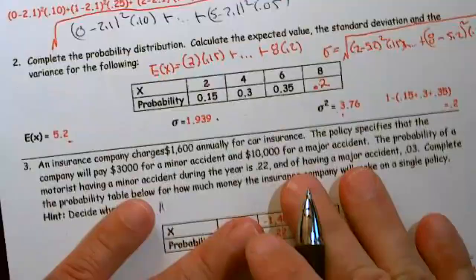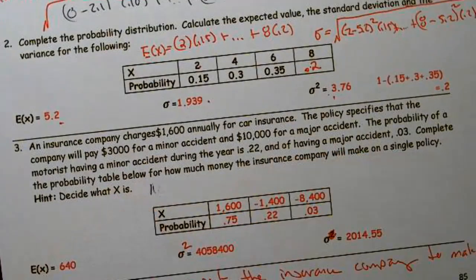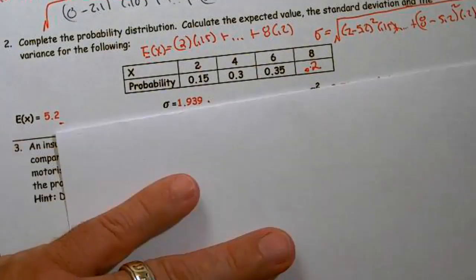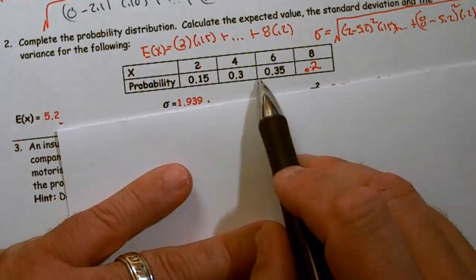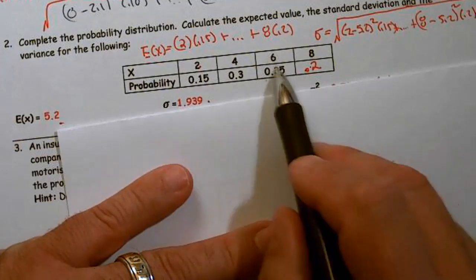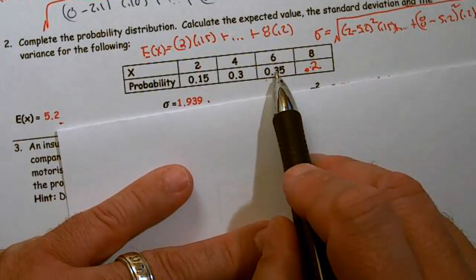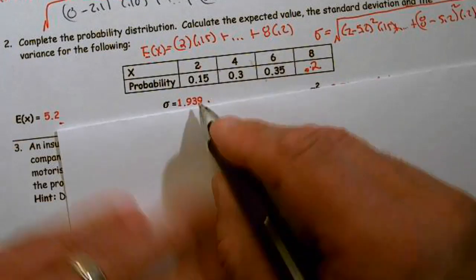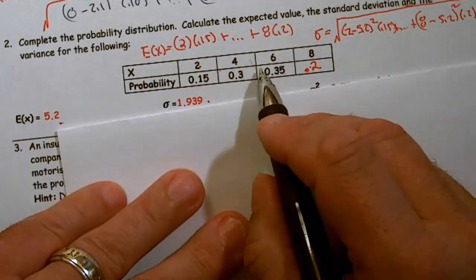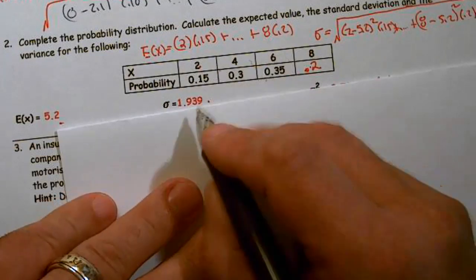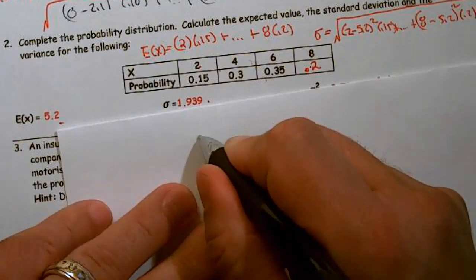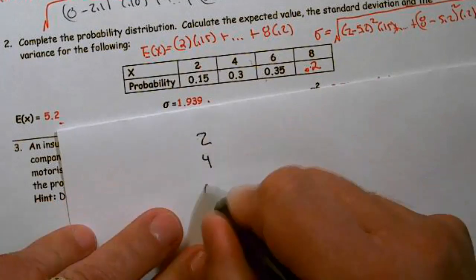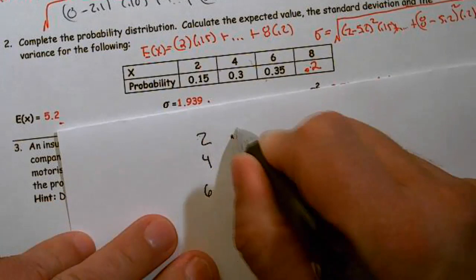When I look at this one, my median occurs here at the 6 because that's where I first cross over it. Because I can either get a 2, a 4, or a 6. There's no possibility of a 5. I can only get a 2, 4, or 6, and this is a 0.15.